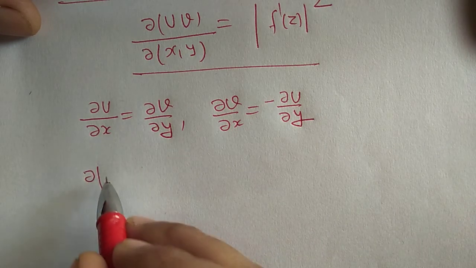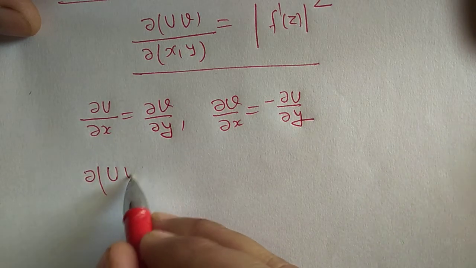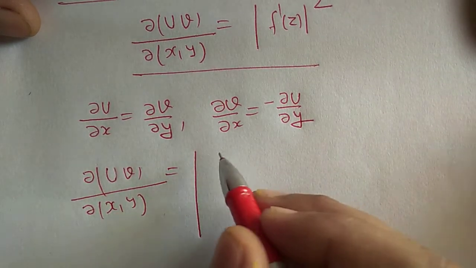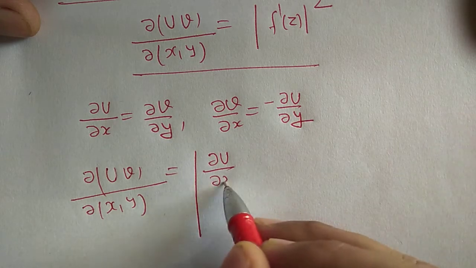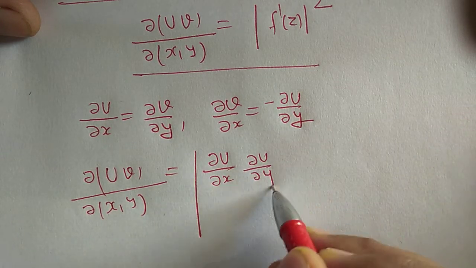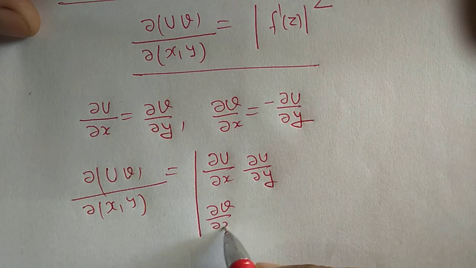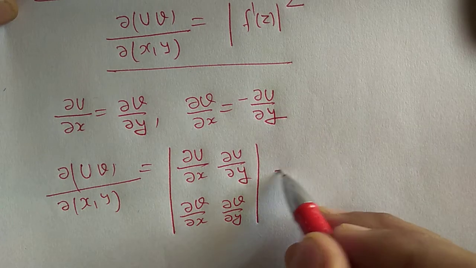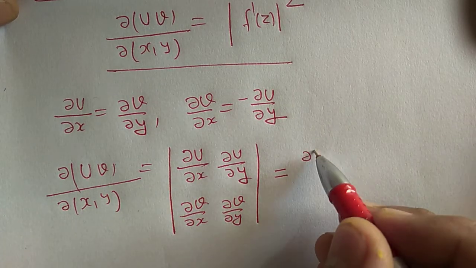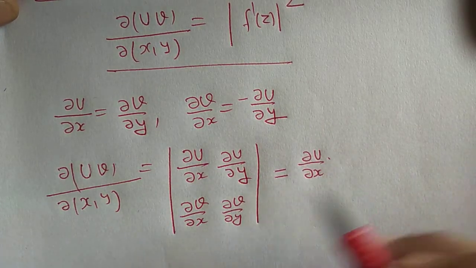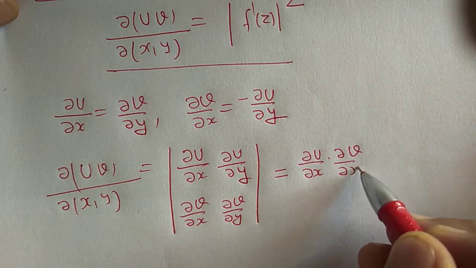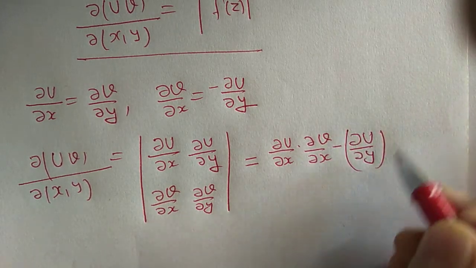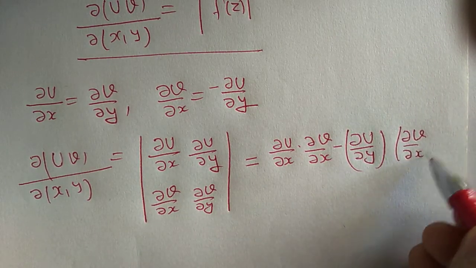Now let us write the Jacobian del of u, v by del of x, y equal to the determinant with rows del u by del x, del u by del y and del v by del x, del v by del y. So this equals del u by del x into del v by del y minus del u by del y into del v by del x.